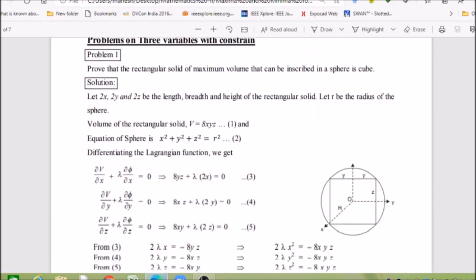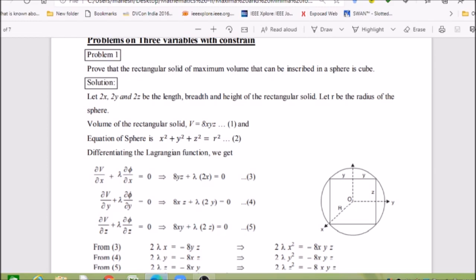So here we consider a problem. Prove that the rectangular solid of maximum volume that can be inscribed in a sphere is a cube. Let 2x, 2y and 2z be the length, breadth and height of the rectangular solid.